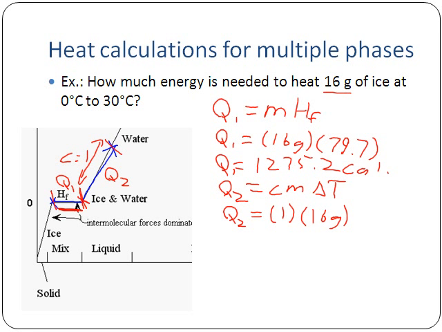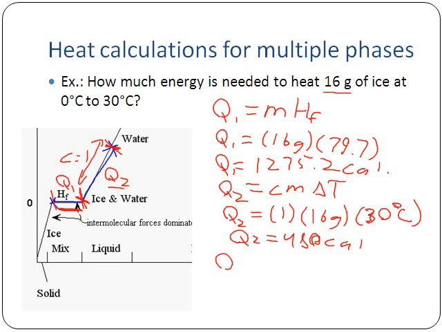In this case, we started at 0, we ended at 30, and so our temperature change is just 30 degrees C. In this case, it happened to be the overall temperature change, but you want to watch out because that's not always true. You just have to look at what the temperature change was on only the section that Q2 applies to. And so we say 16 times 1 times 30, and so when you do that, you get 480. And so we get Q2 is equal to 480 calories.